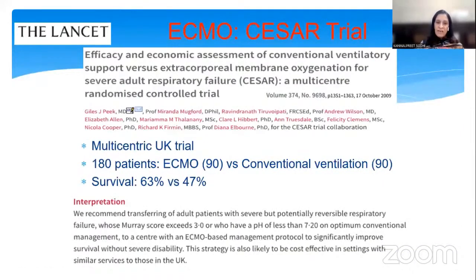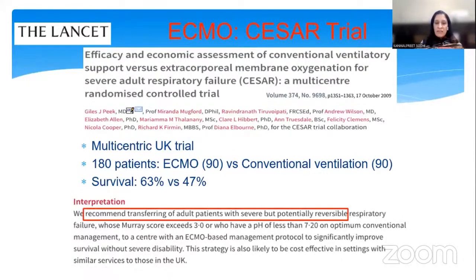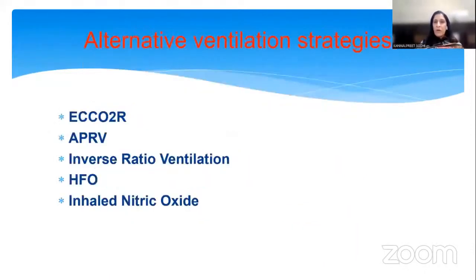It was a trial done in 180 patients, which showed that with use of ECMO the survival was massively increased, 63% in the ECMO arm, versus 47% with conventional ventilation. So the recommendation is that we transfer adult patients with severe but potentially reversible respiratory failure to a center with ECMO-based management protocols as soon as we can.